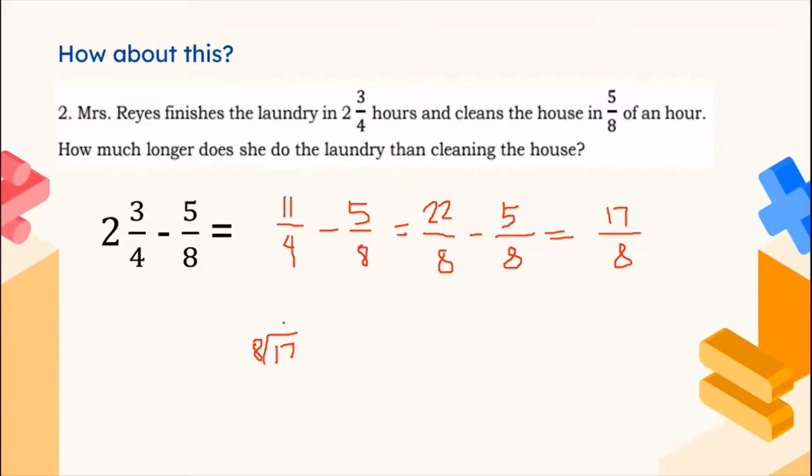The answer for this one is 2. 2 times 8, that is 16. And let's subtract. 17 minus 16, the answer here is 1. And the final answer for this one is 2 and 1/8.